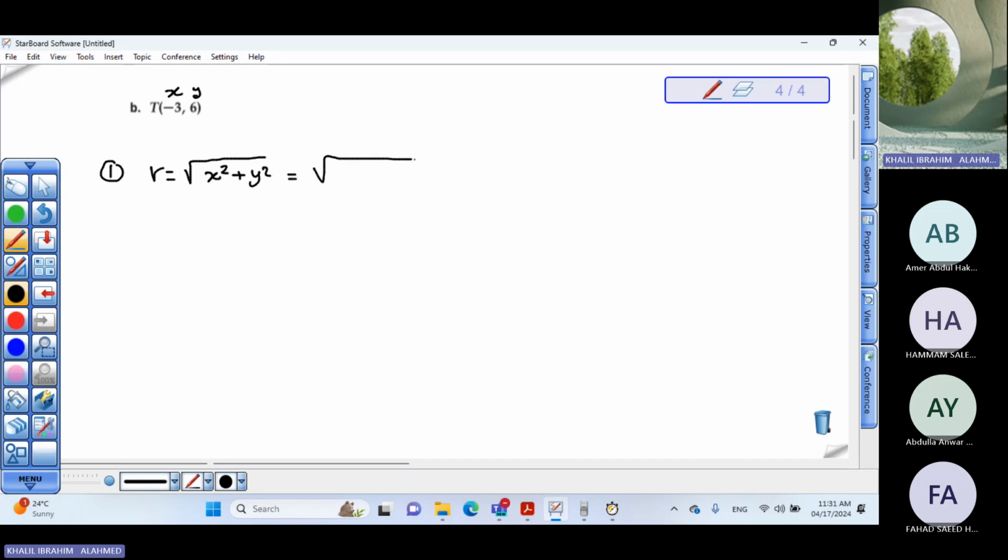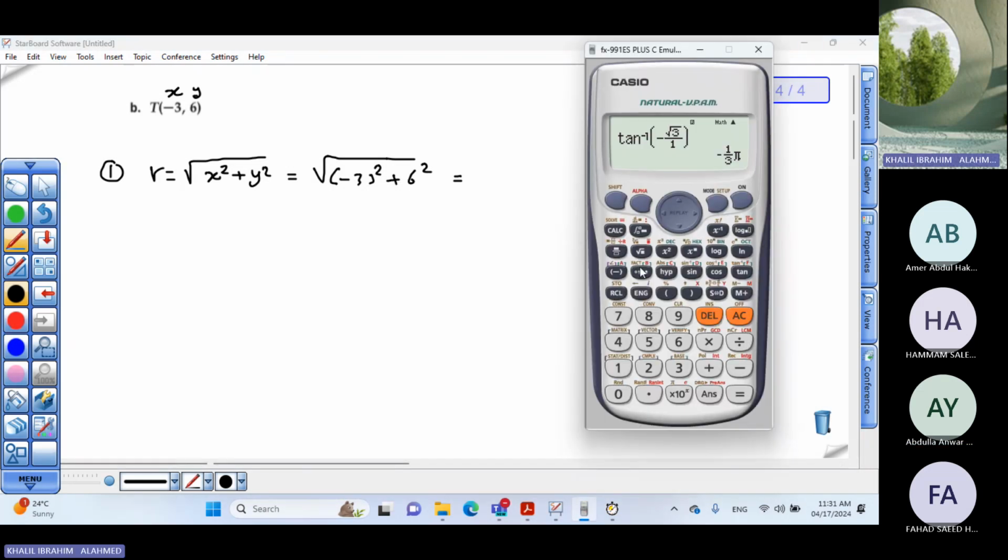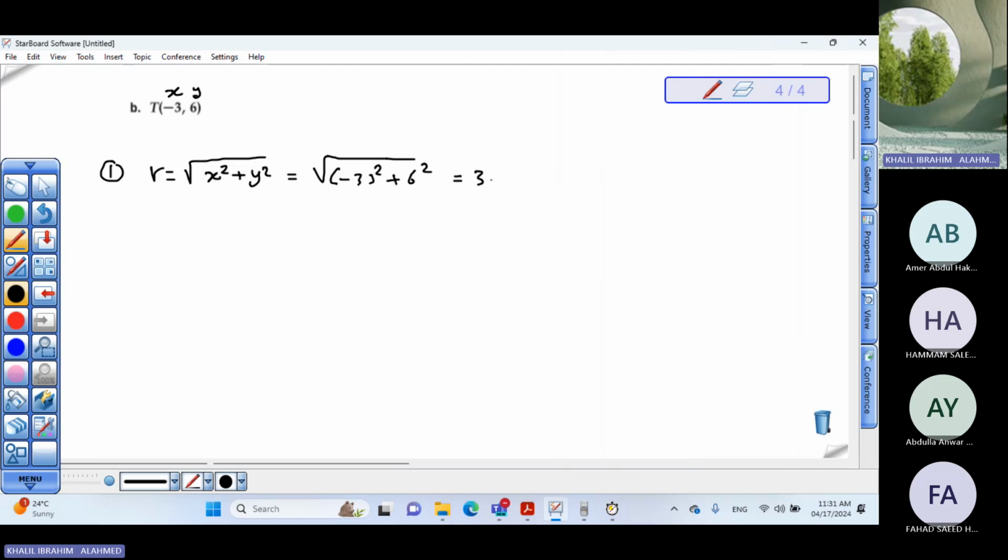Here, x equals negative 3, so negative 3 squared plus 6 squared. What is the answer? The square root of 3 squared plus 6 squared. The answer is 3 radical 5. This is r.